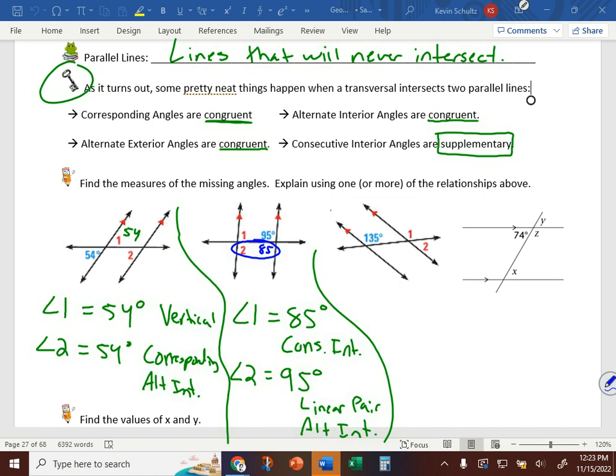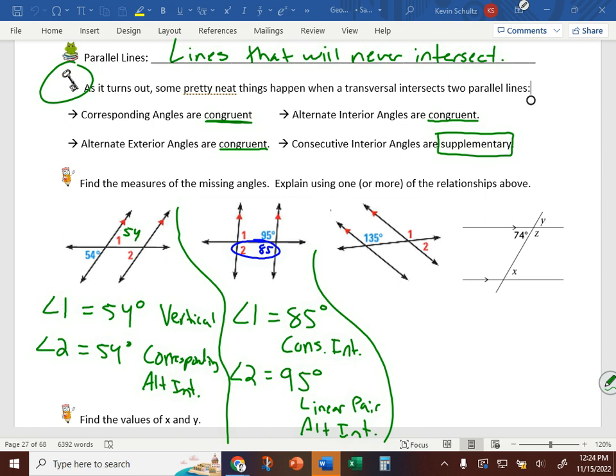Third one. Go ahead and solve for angle 1 and angle 2 on your own. And make sure you have a reason why, not just because it looks that way, but an actual geometric, mathematical, proof-worthy reason why. In the third diagram, you're solving for angle 1 and angle 2.